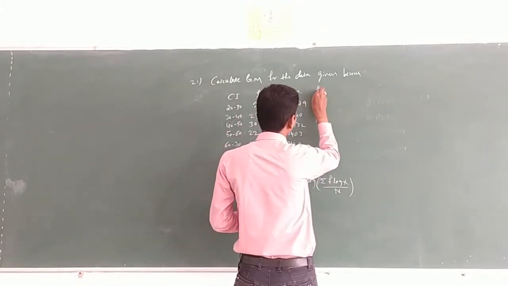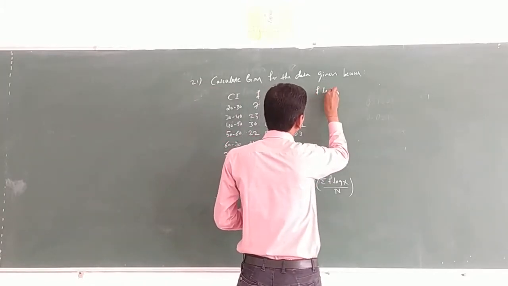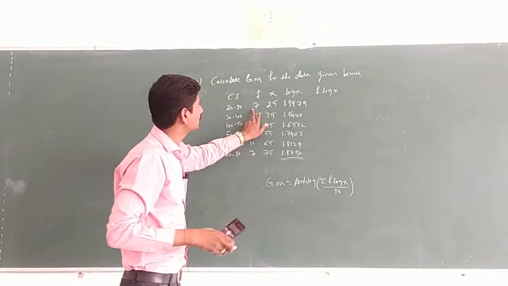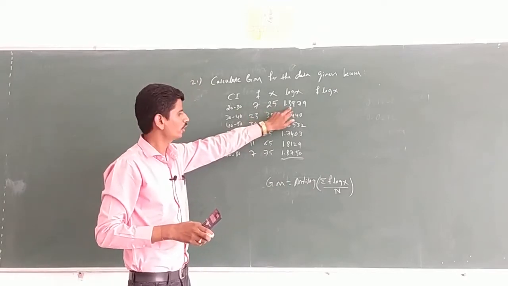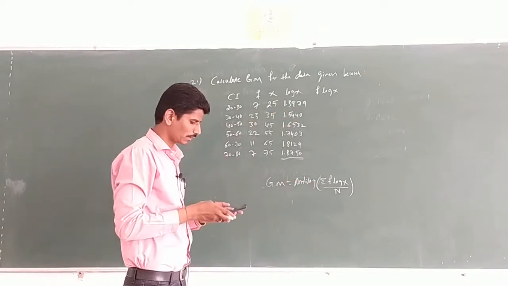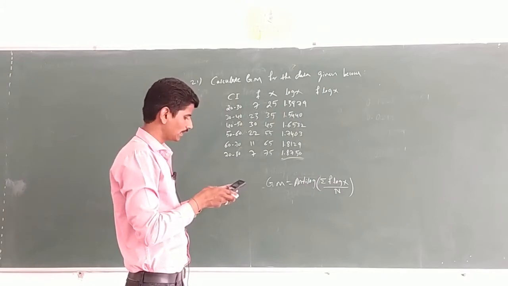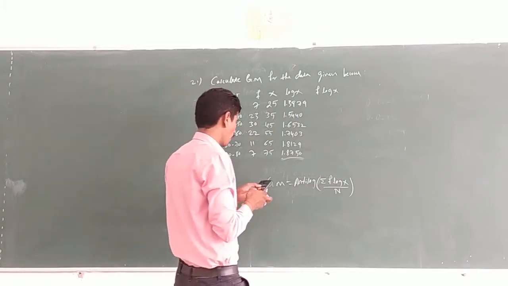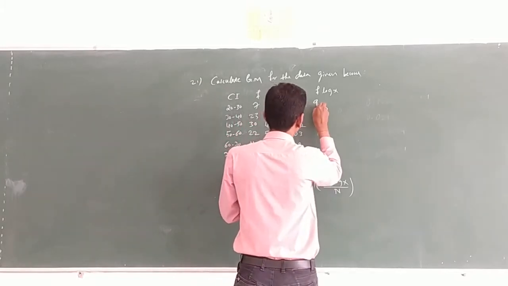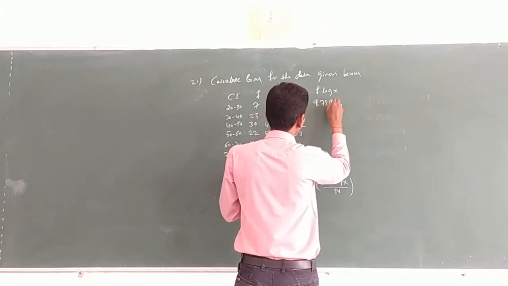Next we want f into log x. Multiply frequency into log x. Here 7 into 1.3979 is 9.7853.